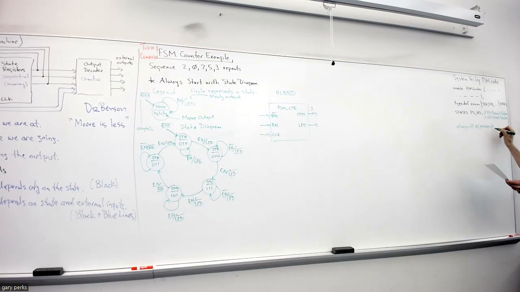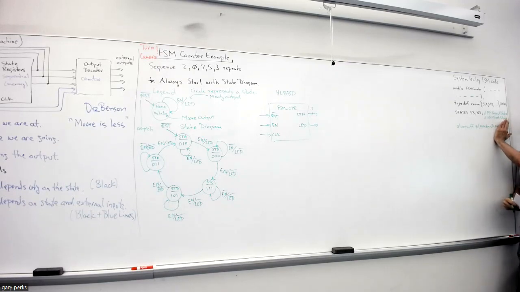That you've seen before. But then, and this is how you get an asynchronous input, we're going to put negedge reset. You've seen this before, right? Because we had always_ff where we just had the positive edge of the clock.